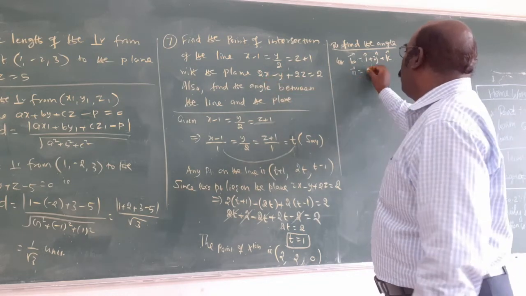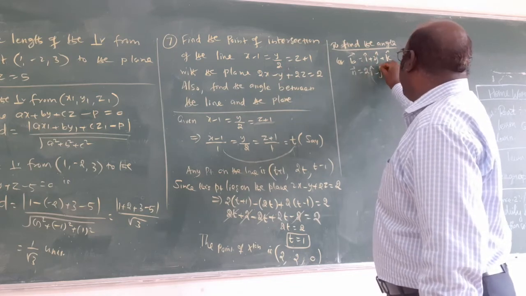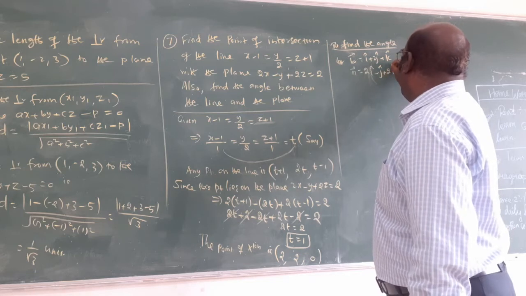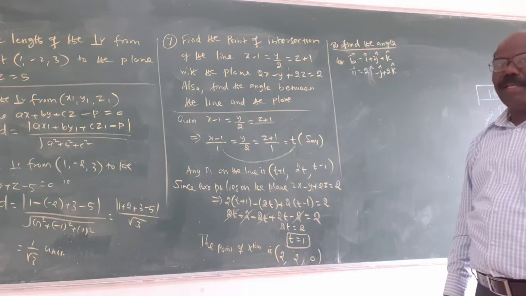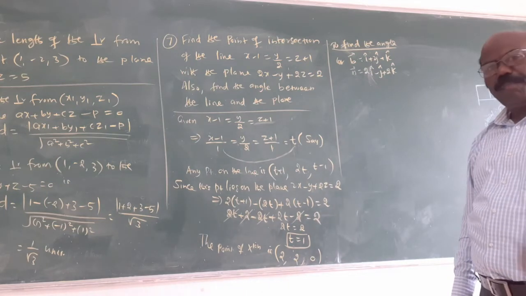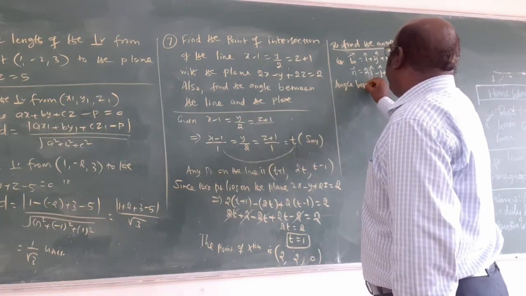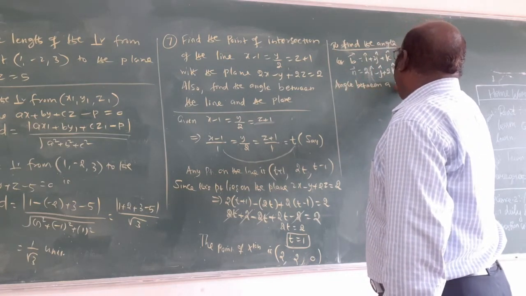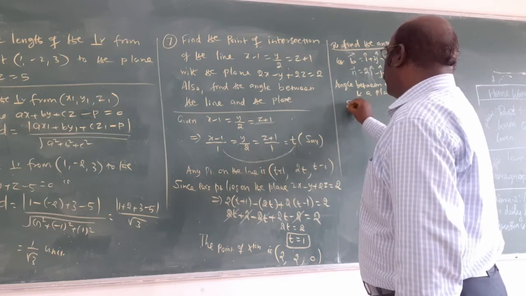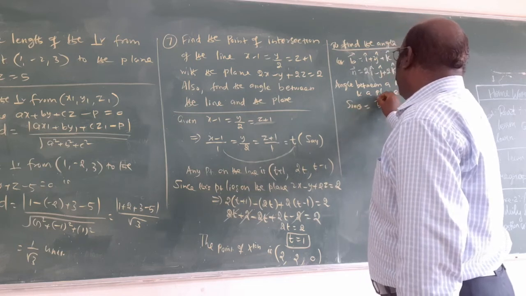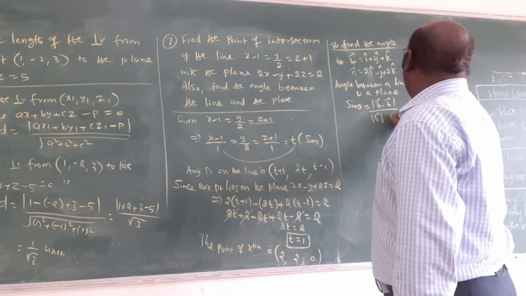That's why n is 2i cap minus j cap plus 2k cap. In this way, from the question, you take b and n, because there is one straight line and one plane. Now the angle between a line and a plane: what is the formula? Sin theta equal to modulus of b dot n divided by modulus of b times modulus of n.